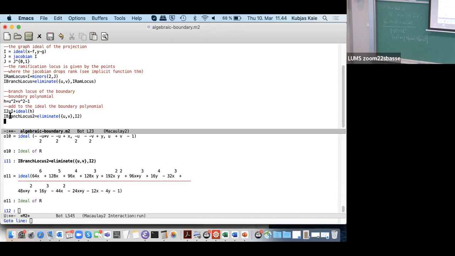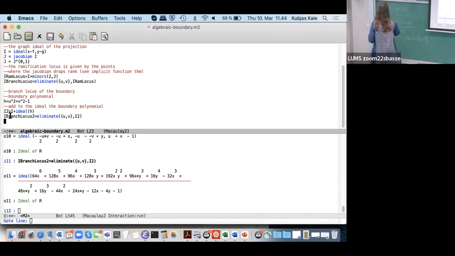Which theorem or which result guarantees that you can always eliminate this in terms of x and y? Well, I mean, you could get something that's the empty set, but the elimination is defined like this. What does the elimination do?